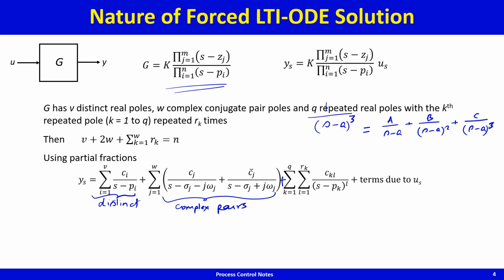If it is repeated n times, you can keep extending this series. So for a root which is repeated rk times, the partial fraction would be a sum over coefficients of the kth root.